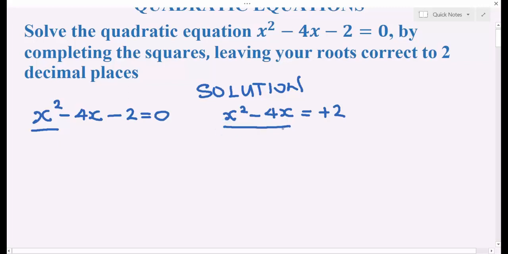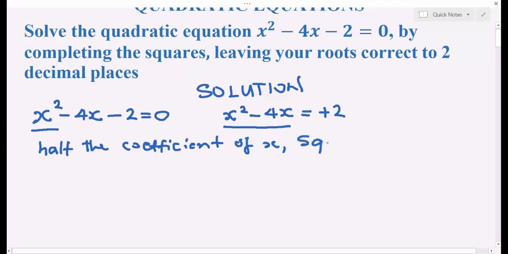The way to make this expression a perfect square is that we take half the coefficient of x, square it, and add it to both sides.